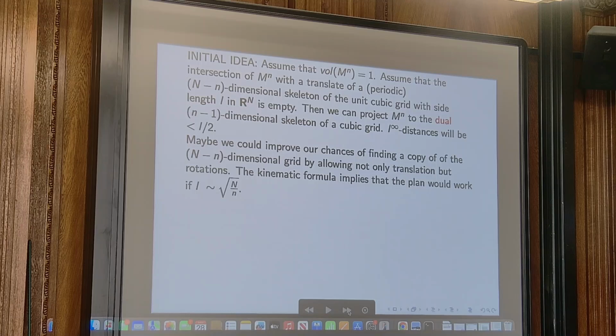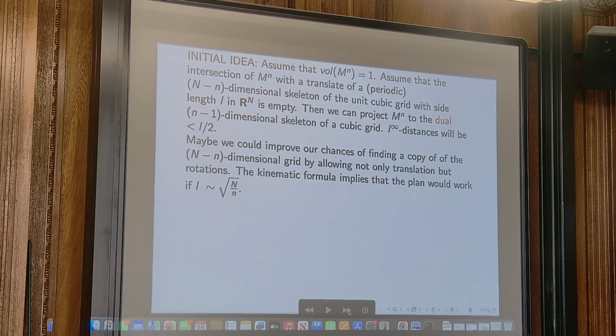Moreover, we will encounter the following difficulty. If we take this, say, square or cube, which has L infinity diameter 1, and rotate it, we will increase in this planar picture its L infinity diameter by a factor of square root of 2, but in general by square root of n.